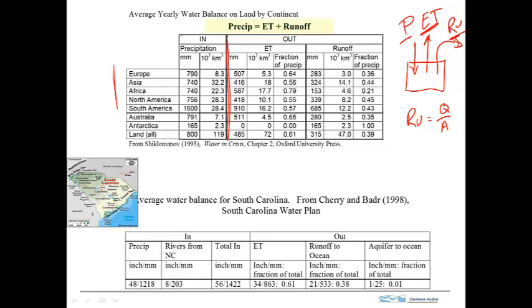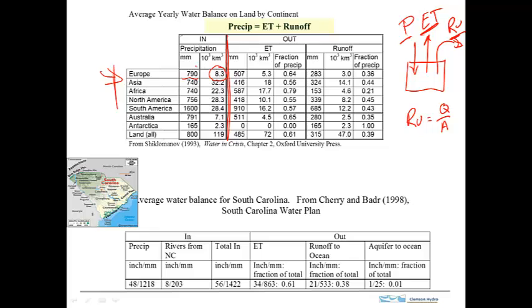So what we have is this much, say, for the continent of Europe. Here's how to read this table. For the continent of Europe, we've got this volume coming in, 8.3 times 10 to the third cubic kilometers. If we take that and divide by the area of Europe, then we get this many millimeters distributed over the area.